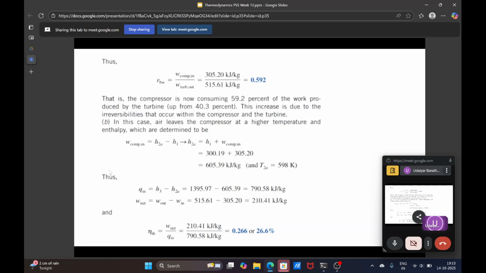Similarly, once we know H2A and H3, we can find the heat added. So Qin is H3 minus H2A, that is 1395.97 minus 605.39, which comes out to be 790.58 kilojoule per kg.